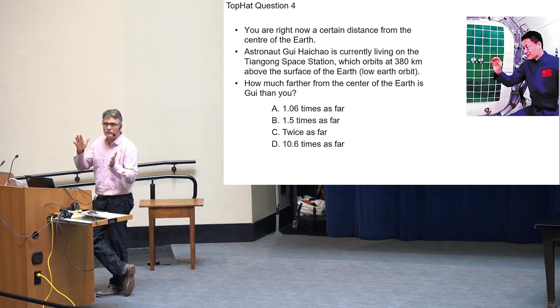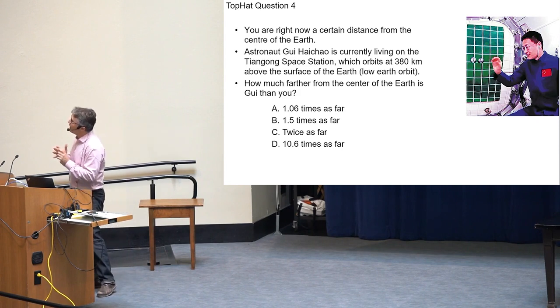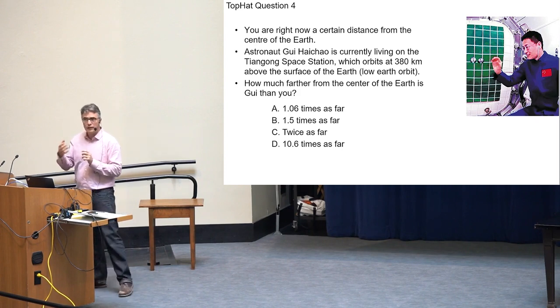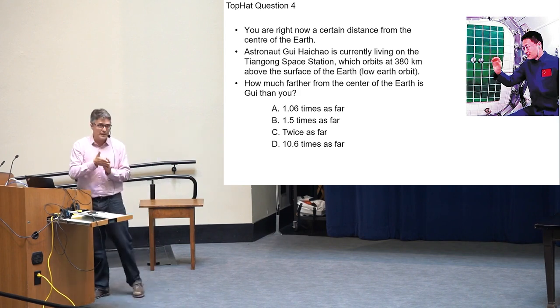So if you think about that, where the G comes from, it's your distance from the center of the big planet, right? So I think it matters how much farther Gui is from the center of the Earth than you are right now.